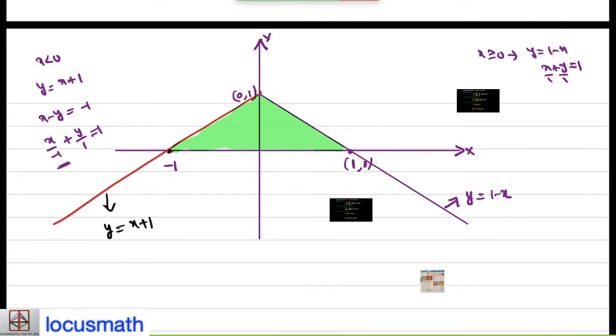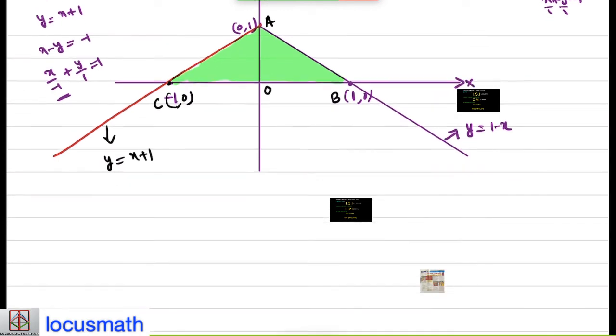Suppose this is A, this is origin O, this one is B, this is minus 1, 0, call this as C.